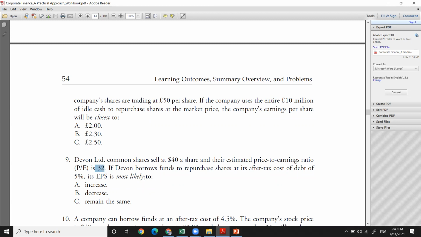And if this is so, in order to estimate the earnings yield, and we know we borrow funds to repurchase the share after the cost of debt, and EPS is most likely. So in here, it's mostly a theoretical one. You need to just compare. If you know that the price earnings is this one, but you need to find what is the earnings yield. Let me just show it to you again.